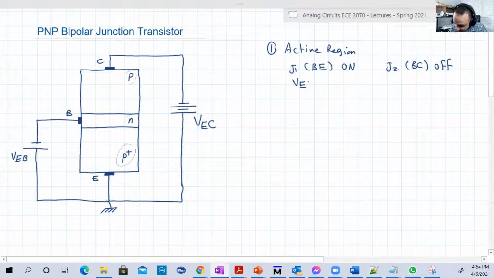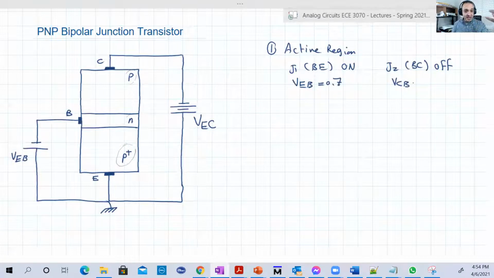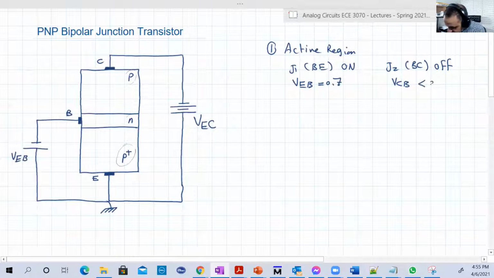So VEB should be 0.7, and VCB, the voltage of the second junction J2 between the base, which is N type, and the collector, which is P type, should be less than 0.4. It might be forward, but with a very small voltage so that it can still be considered off.